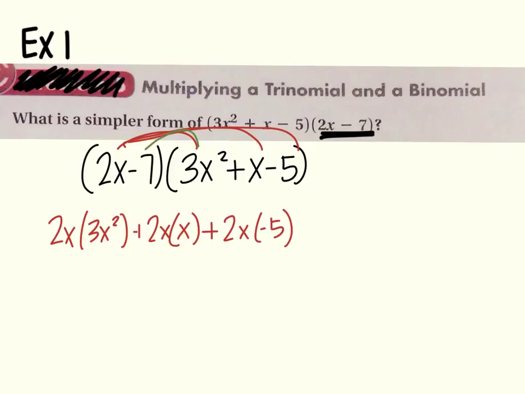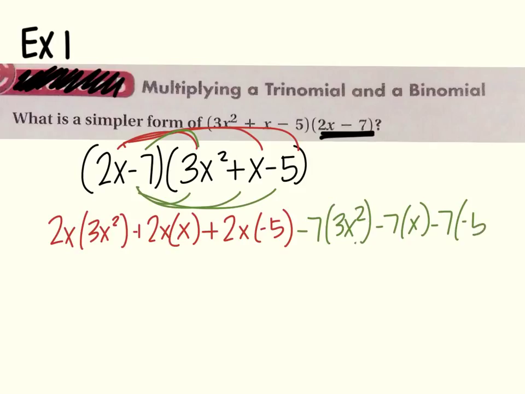Let me show it beneath. So it's going to be minus 7 times 3x squared, minus 7 times x, and minus 7 times negative 5.